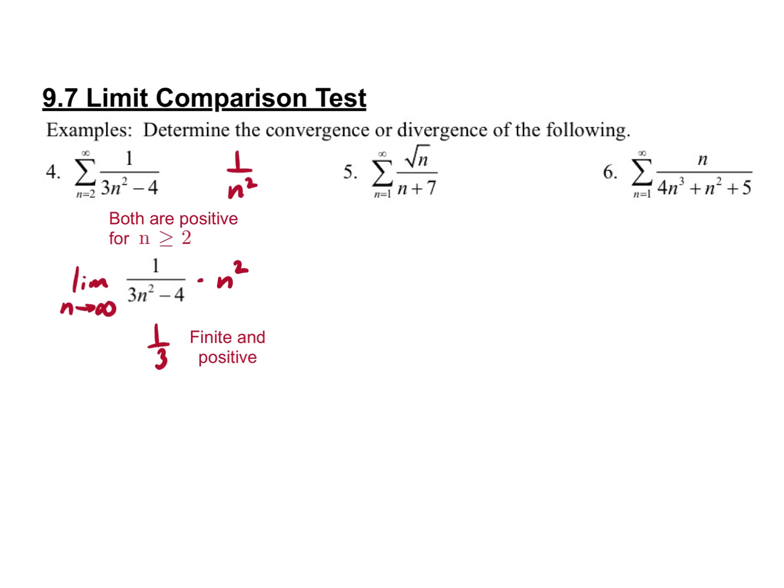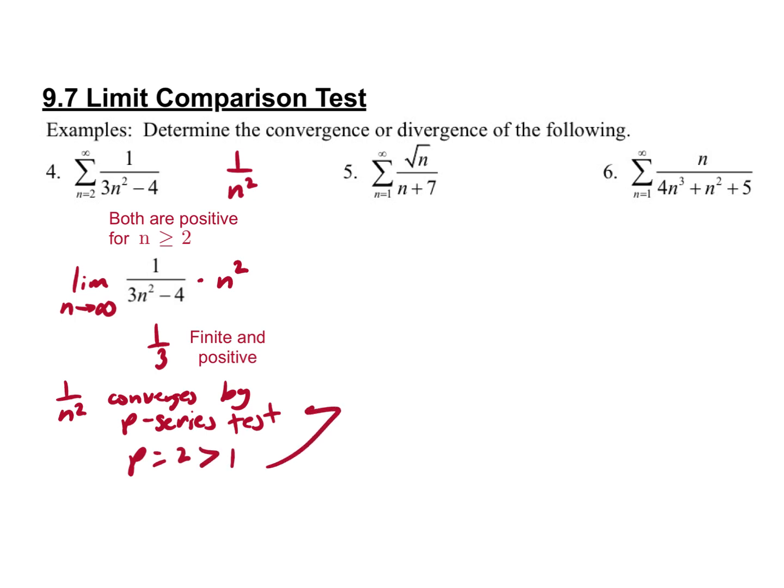Okay, we know that 1 over n squared is already convergent. So we need that. 1 over n squared converges by the p-series test. And, did I write it down? Auto saving again. I did not write it down. We should write it down. p equals 2, which is greater than 1.